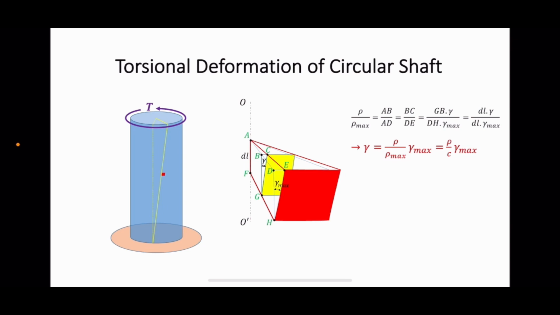As you can see in the formula, rho max is equal to c, the radius of the shaft's cross-section. Gamma max is the maximum shear strain which occurs at the boundary of the shaft. Now, with this relationship being known, we will try to develop the formula to determine the shear stress.